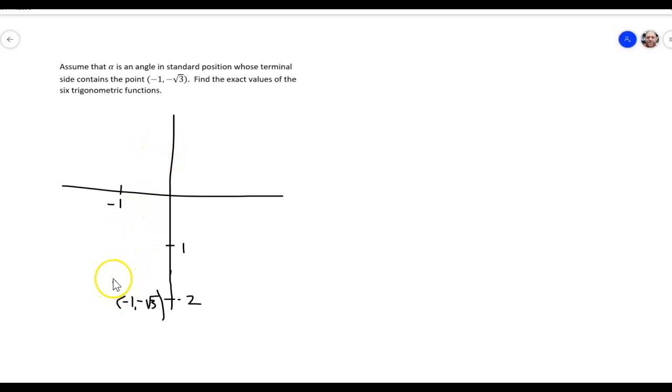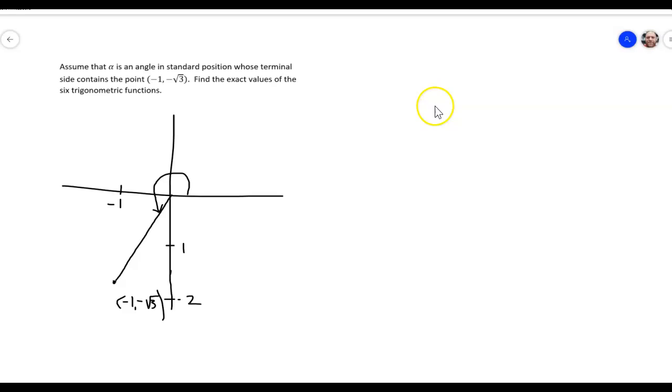We're going to take that angle going to the origin. So there is our angle alpha here.